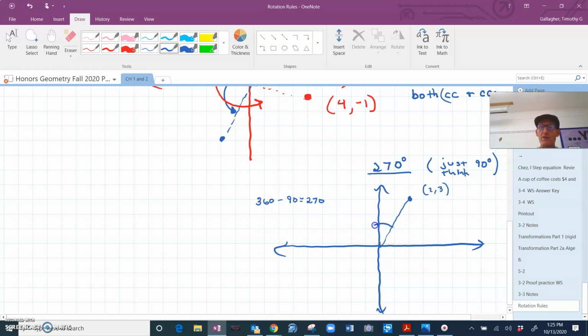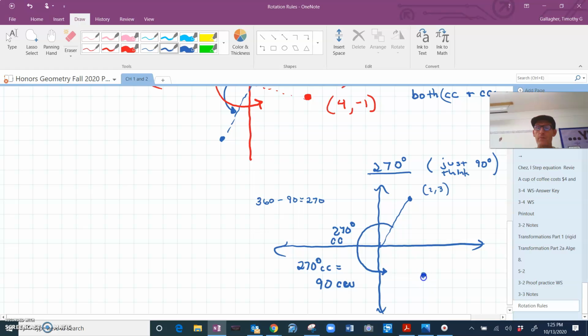So if I'm going 270 this way, say, which is counterclockwise, now that's the same as 90 degrees clockwise. So it would be the same as 90 degrees this way. And if we look at the 90 degrees this way, it's going to be (3, -2).